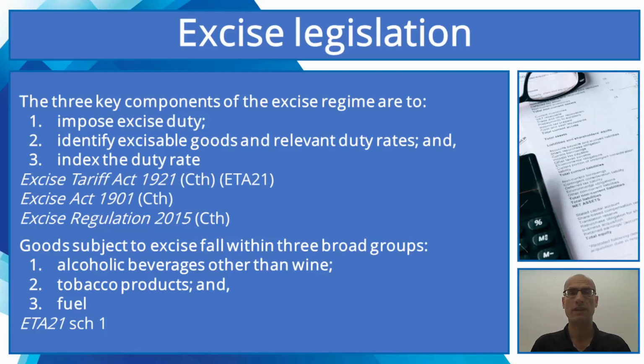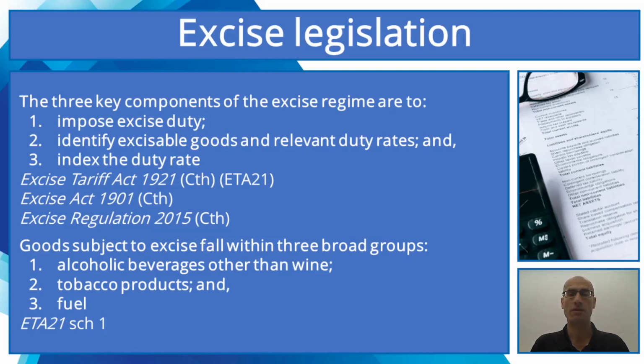And really there's 3 steps to doing this. You need to be able to impose excise duty, identify what the particular goods are and the relevant rates, and then those particular rates need indexing, in other words increasing, usually every year.